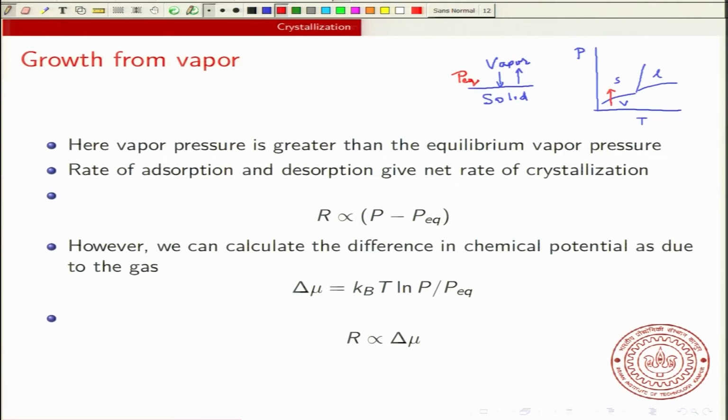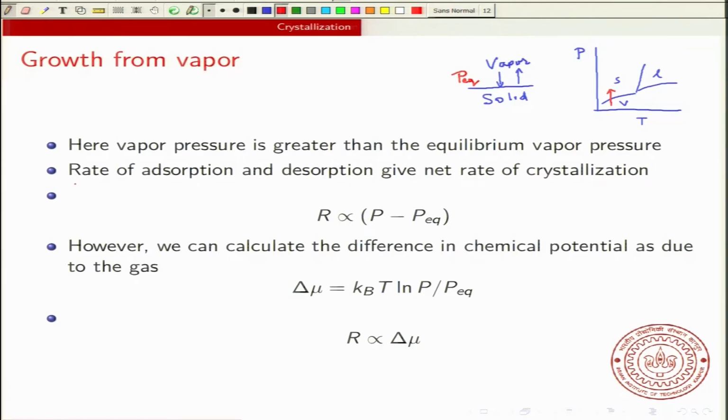So you have a vapor of the same material as the solid that has some equilibrium pressure. That means if you take any solid, there will be some vapor on top of it, and P equilibrium is the pressure of that vapor. Now suppose the pressure of this vapor was much greater than P equilibrium, okay, then what would happen is some of the vapor would solidify and it would form the solid.